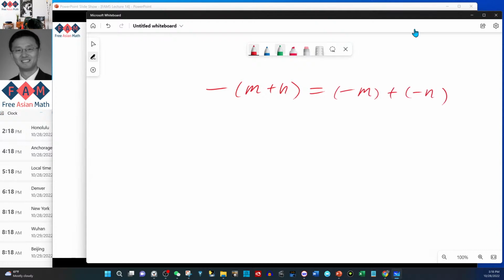But what if we have, I don't like green for this one, I will choose blue. What is this? What do you think? Well, as it turned out, this is just m minus n.